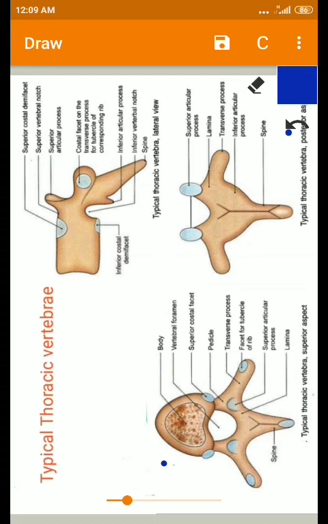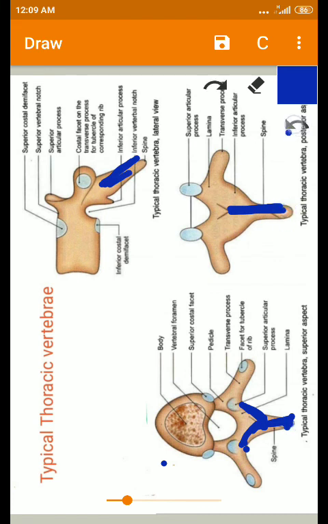Now coming to the spine, you can see the spine here. After the laminae unite, the spine passes backwards and downwards, and ends in a tubercle.